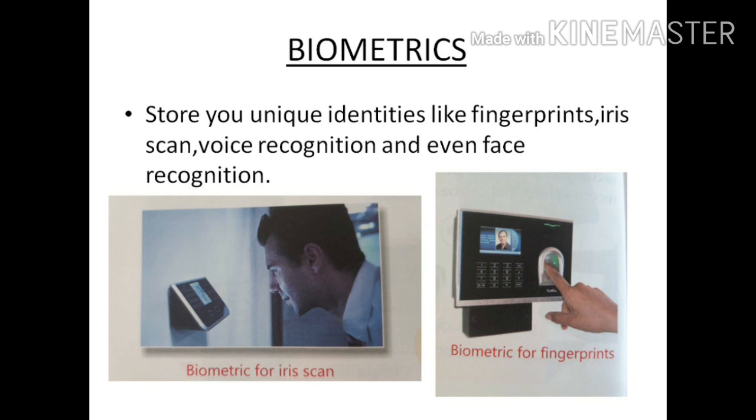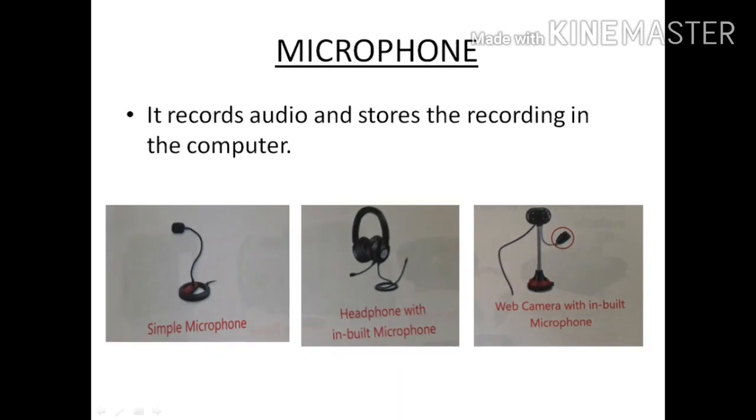And these are used in Aadhaar stores to verify your identity. And the last input device is microphone, which records audio and stores it in the computer. Some microphones are simple microphone, headphone with inbuilt microphone, web camera with inbuilt microphone. So that's about input device.